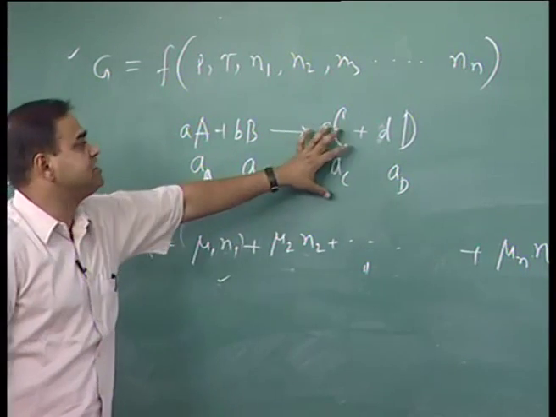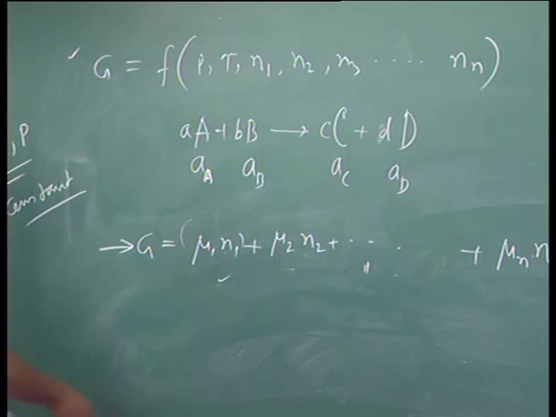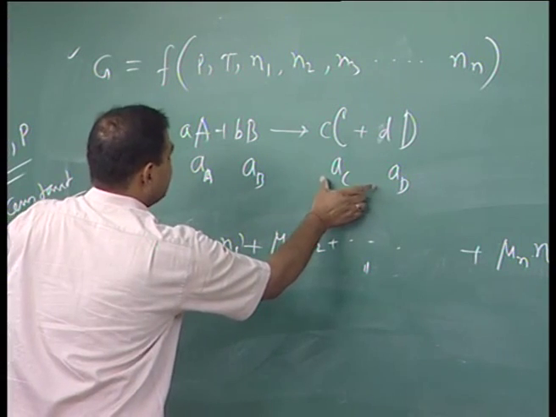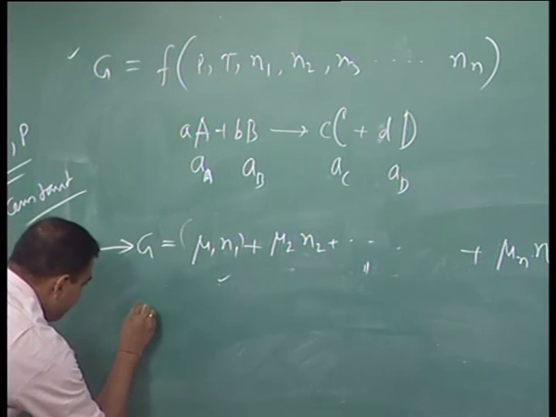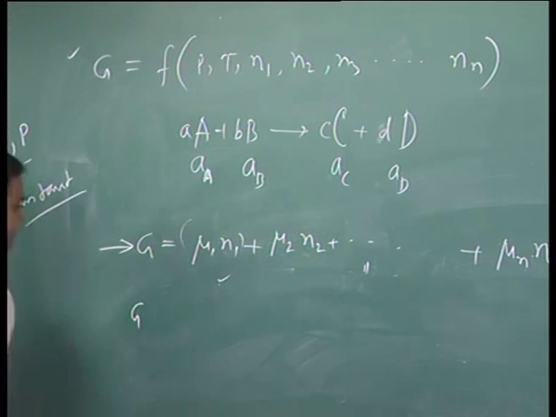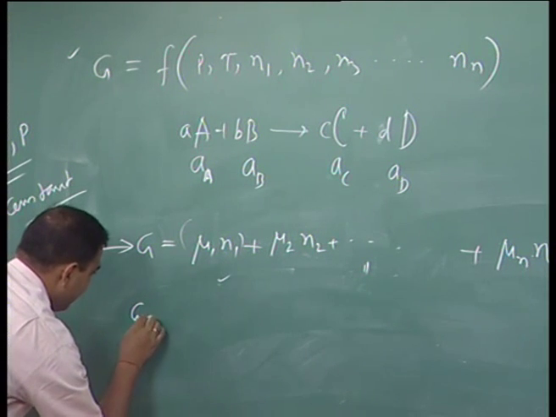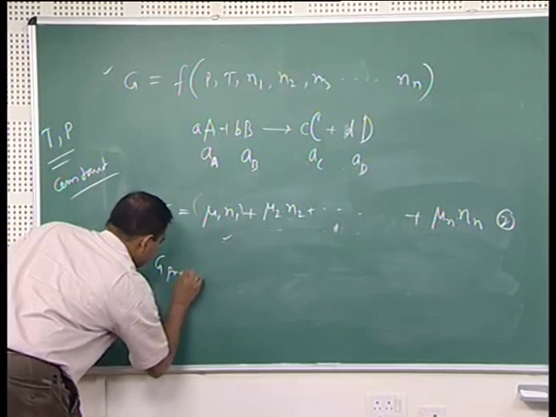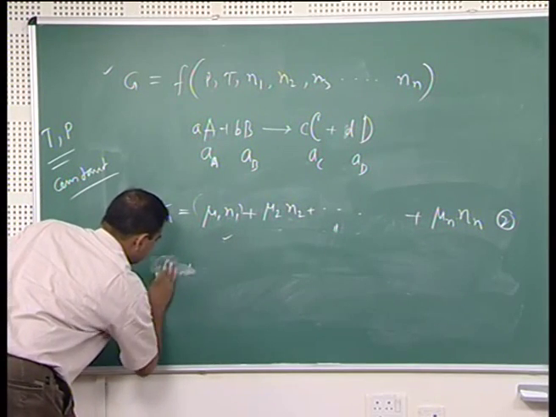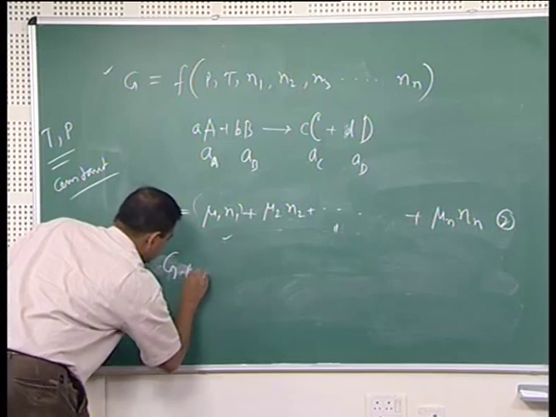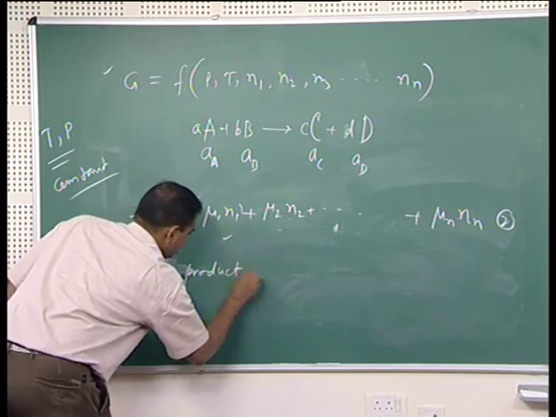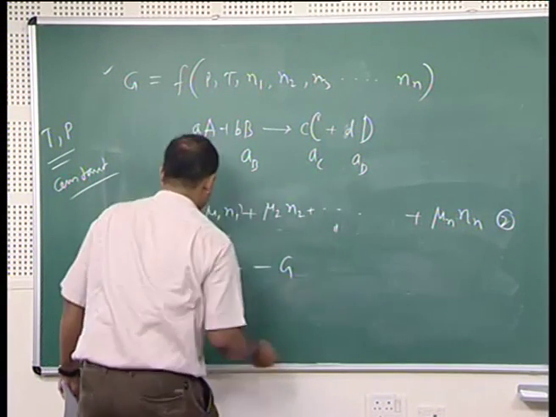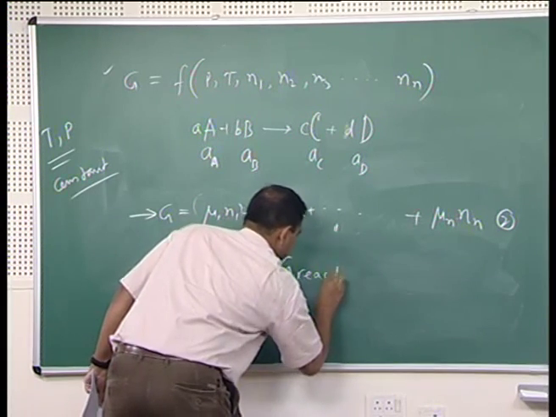The free energy change for this system would be G of product minus G of reactant.